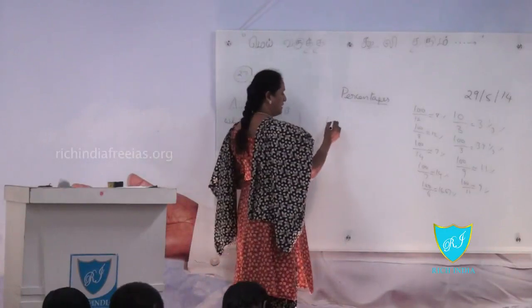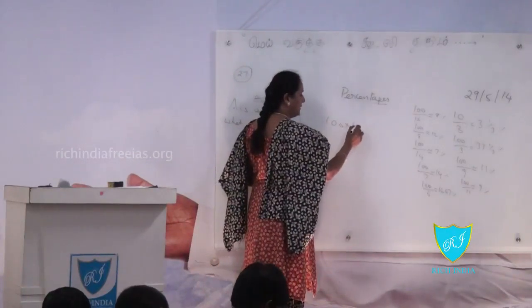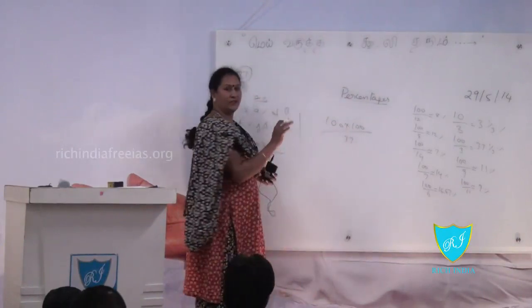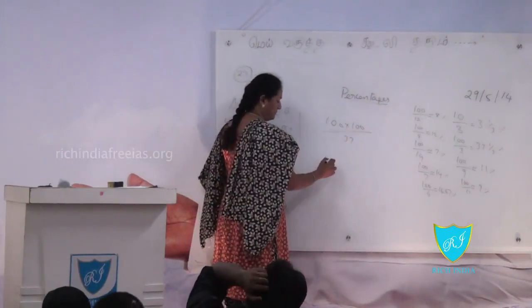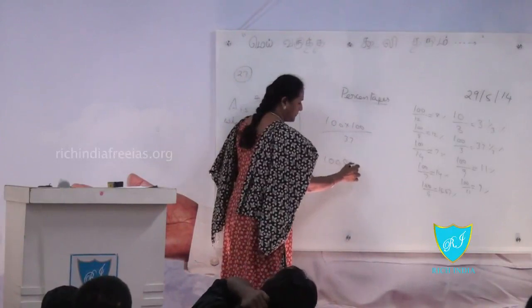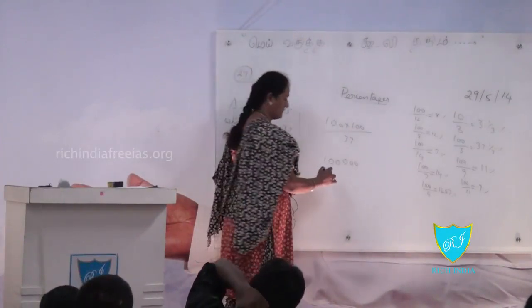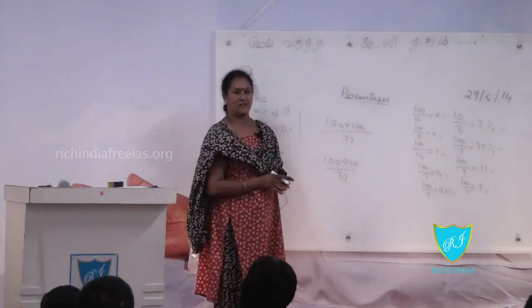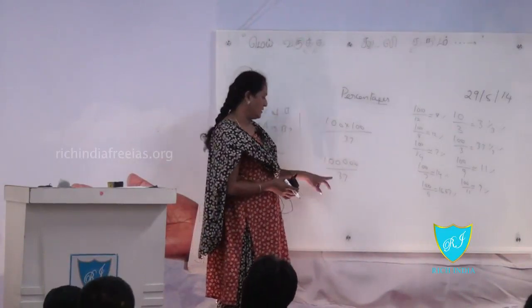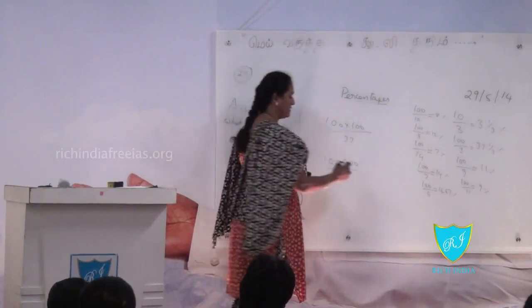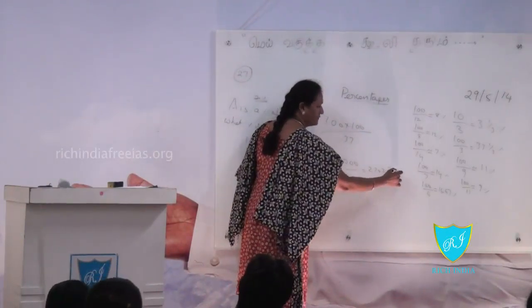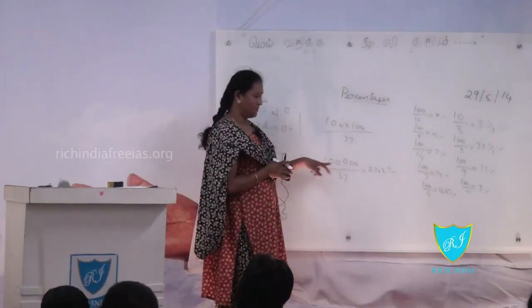We will multiply 100 twice divided by 37. Whenever you are dividing a number by 37, 37 is a special number. So for 37, the answer will be 270 recurring.